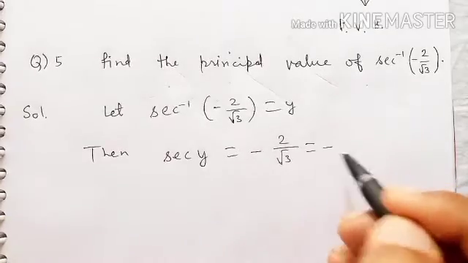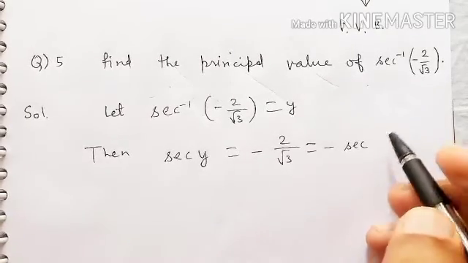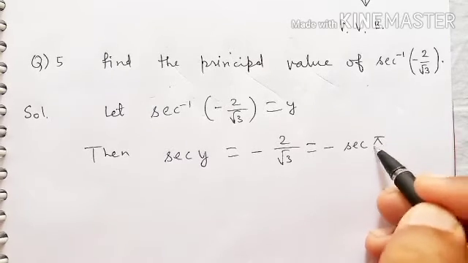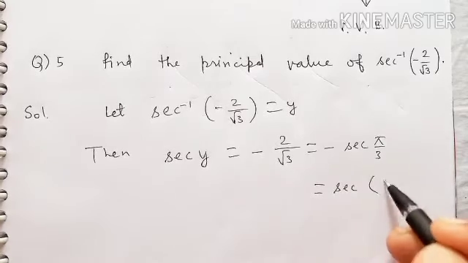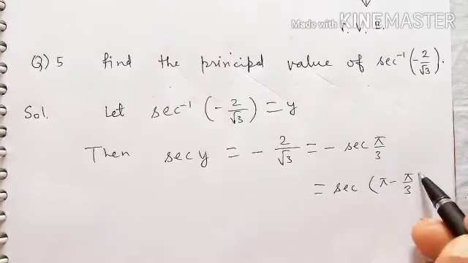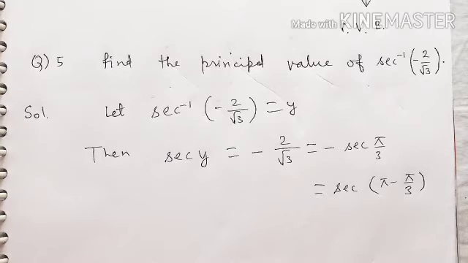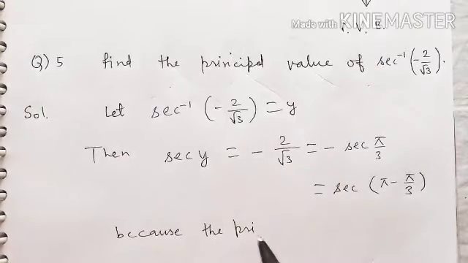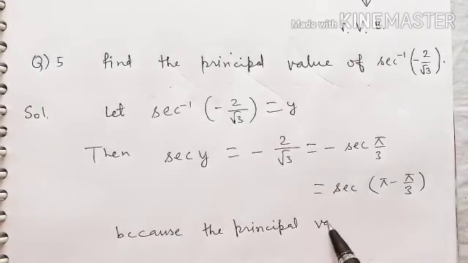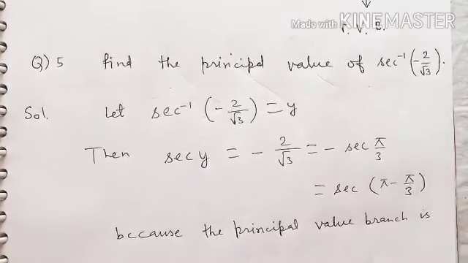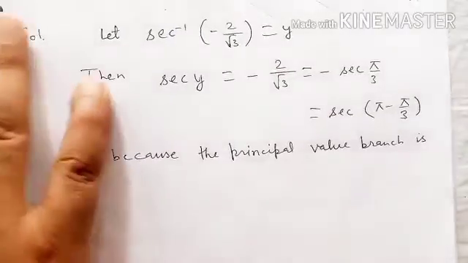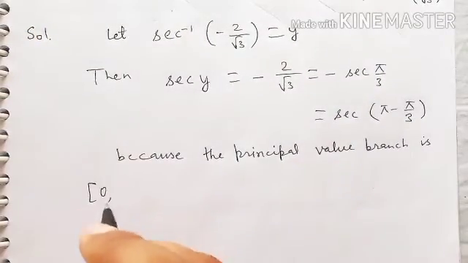This is equal to minus sec pi by 3. This can be written as sec of pi minus pi by 3, because the principal value branch is the closed interval 0 to pi.